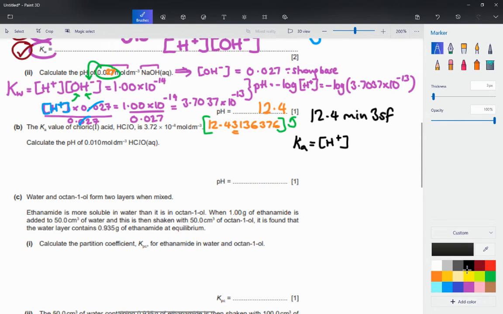I'm going to leave the state symbols out just for the sake of brevity. ClO minus, concentration of HClO.